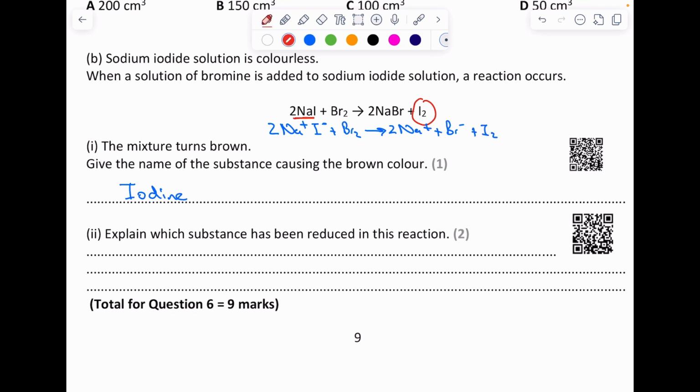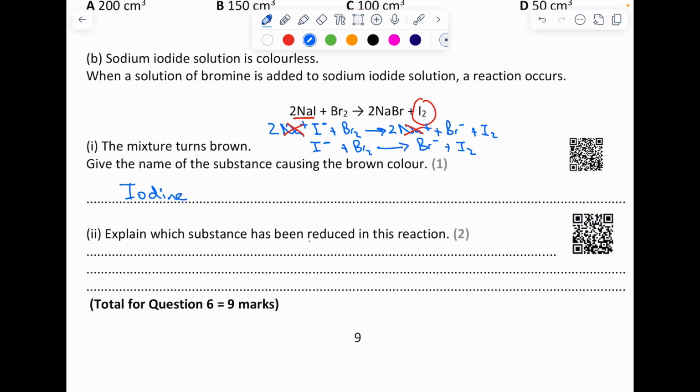Get rid of the spectator ions, so my sodium goes. And what I've got left is I minus plus Br2 goes to Br minus plus I2.